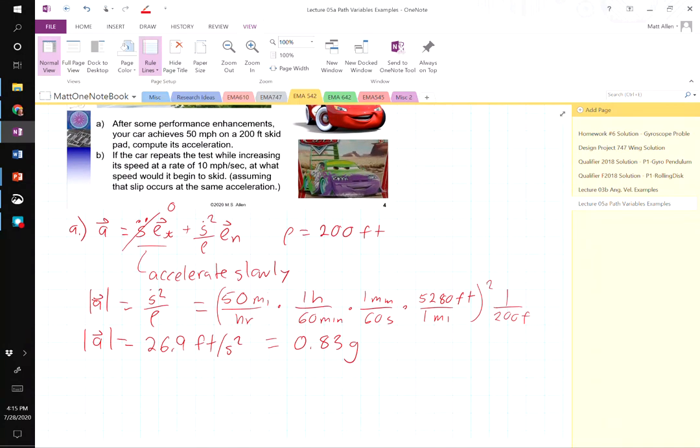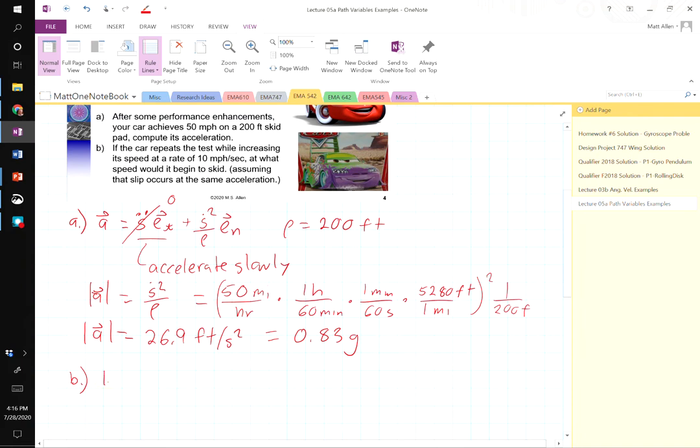Now in part B, we ask the question, well, does it matter if we're accelerating while we do the test? And for reference, we say repeat the calculation when we're accelerating at 10 miles per hour per second. So what that means is you would get from 0 to 60 miles per hour in 6 seconds.